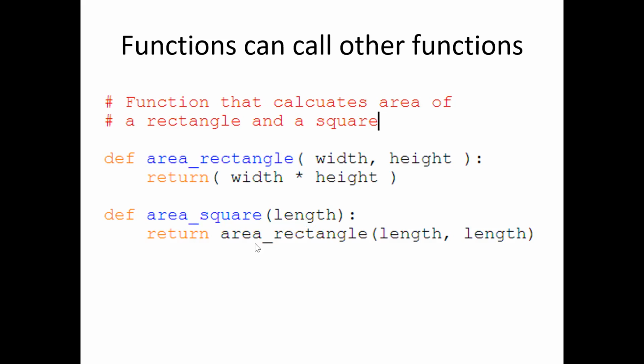Basically here, instead of calculating that, you call this function. You see here, the same function is called. So what will happen, you submit length to width, length again to height. So here it will demonstrate that you can have functions within the function.